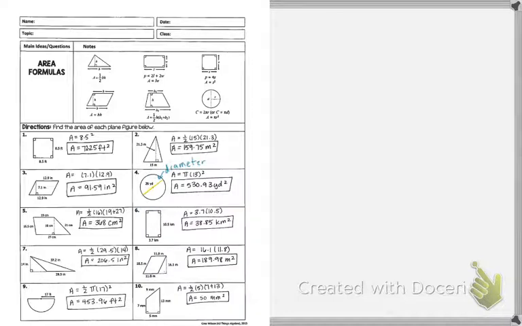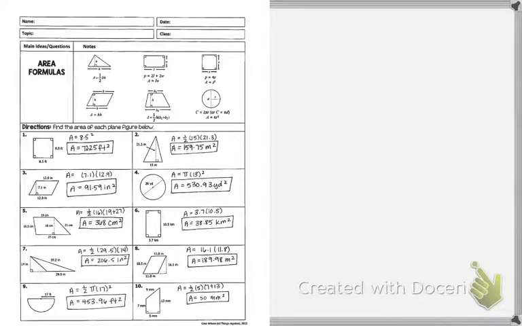I'm going to say that the radius is going to be half of 26, which is 13. Input it into the formula, plug it in, multiply times 3.14, and you get your answer.